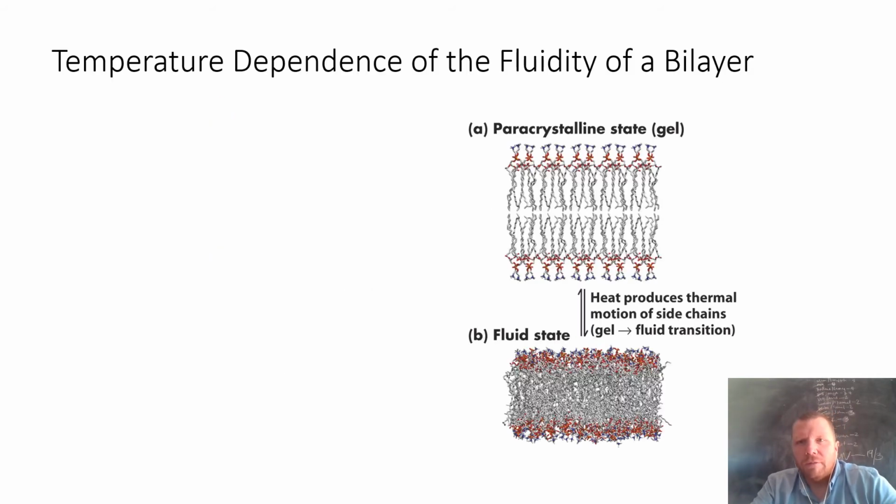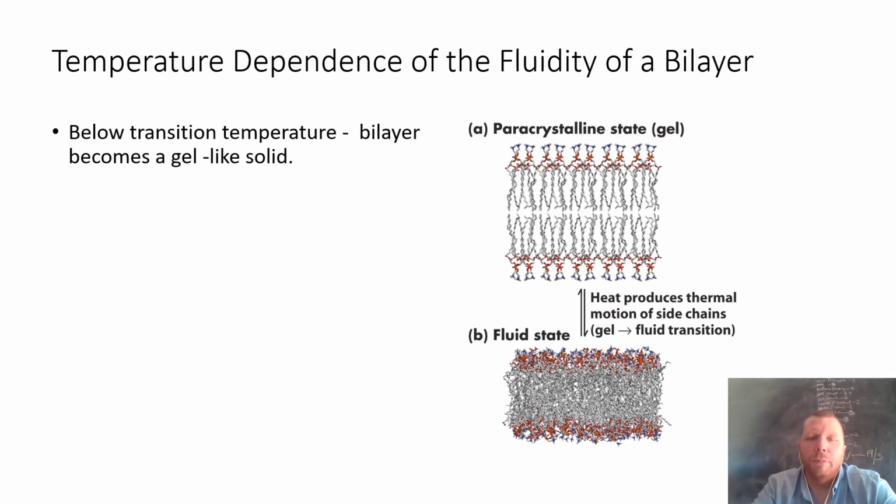Temperature dependence of fluidity of a lipid bilayer. When we are below a transition temperature, a lipid bilayer behaves like a gel-like solid. At a colder temperature, we're going to have a good bit of space that all of these individual glycerophospholipids, for instance, will occupy.